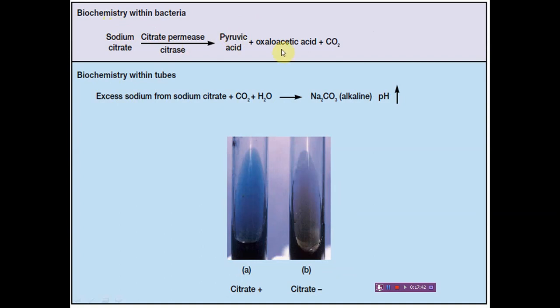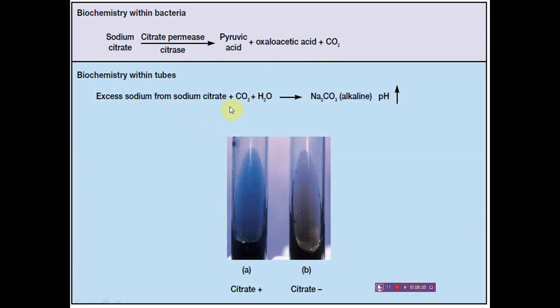And the last test is citrate utilization test. The ability of bacterium to utilize sodium citrate and to grow in the medium can be recorded by sodium citrate utilization test. So Simmons citrate agar is inoculated with the test bacterium. After the utilization of citric acid, there is a production of pyruvic acid, oxaloacetic acid and CO2.